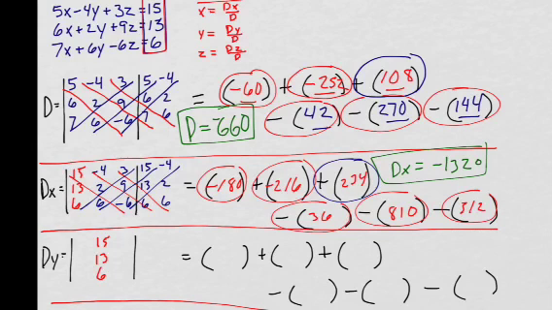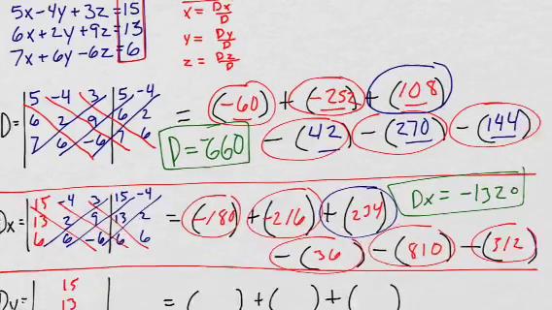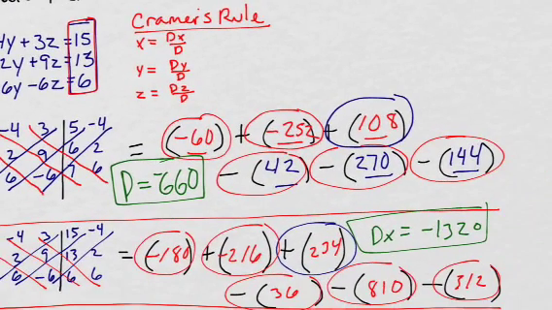Okay, I have enough data to get one answer now. So I'm going to plug this in here. X equals dx over d, so negative 1,320 over 660.